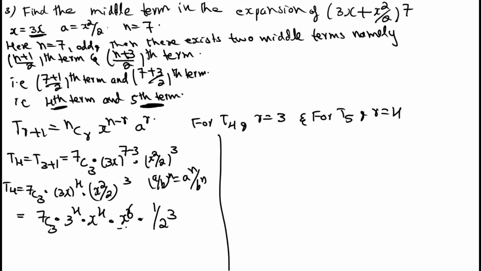Suppose you are writing x² by 2, then you can directly write 2³. If you want to write that separately, that time you need to write it as 1 by 2³, because it's in the denominator.